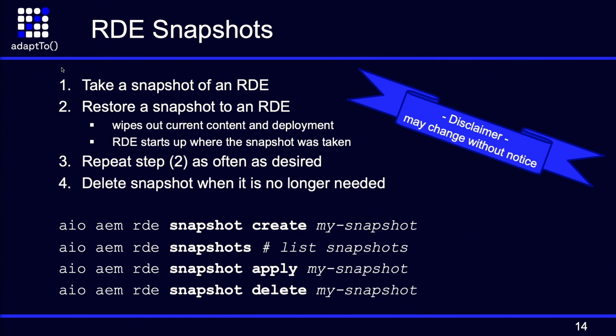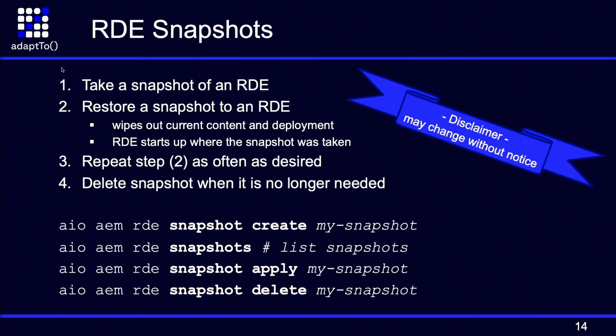And then you can continue working on your RDE, and at any point you can reset your RDE back to that snapshot, so that you always have a clean baseline, or you don't need to repeat your content setup, etc. And you can repeat this applying of the snapshot as often as you like.